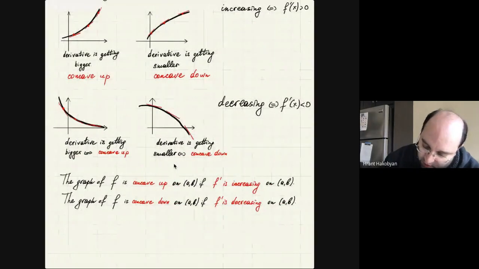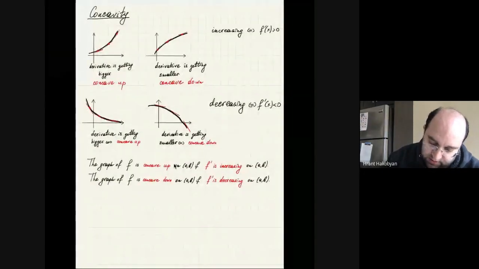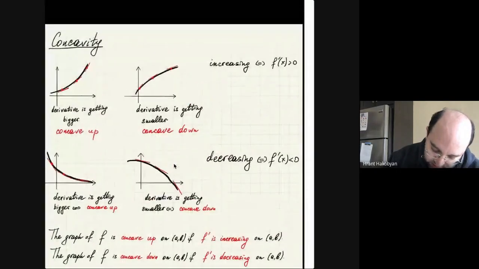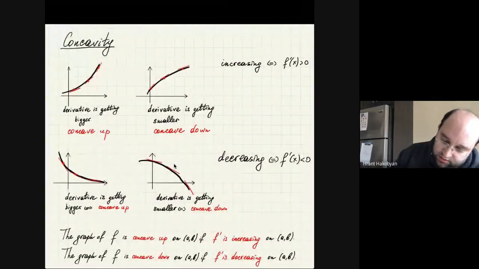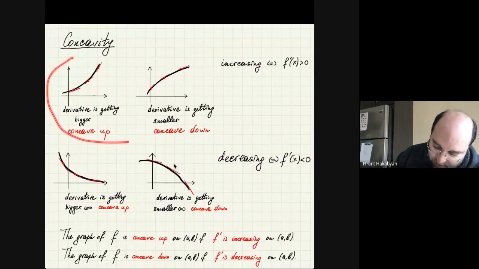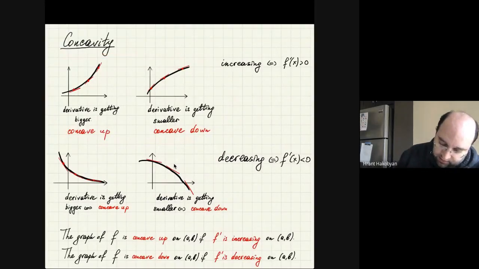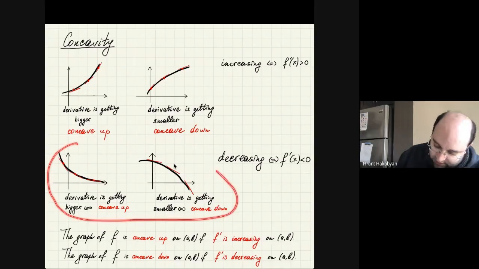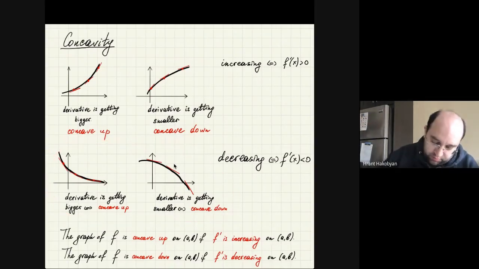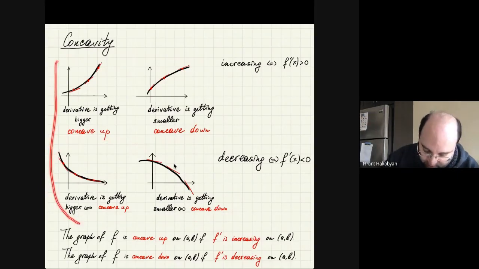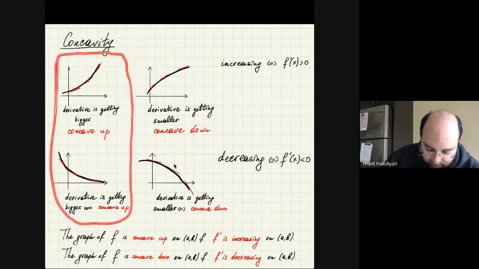So we have now four functions here. Let's look at these. The top two, the ones in this row, are increasing, and the ones in this row are decreasing. But these two in the first column are both, what are they doing?